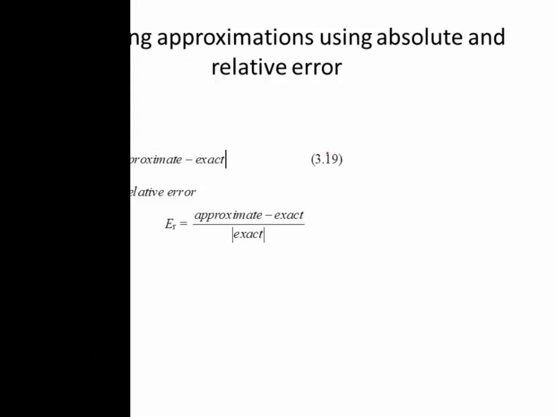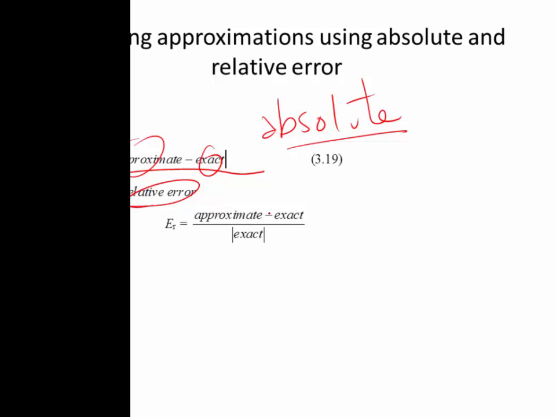This is called the absolute error, and it's just the absolute value of the approximate value given by a finite difference minus the exact value, assuming that we would know that. So the absolute error, and then there's the relative error, which is just the absolute error, the approximate minus the exact, divided by the absolute value of the exact.